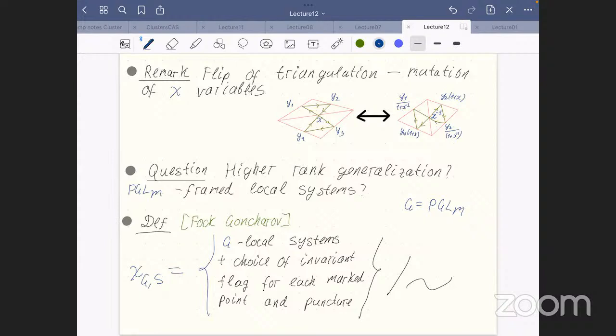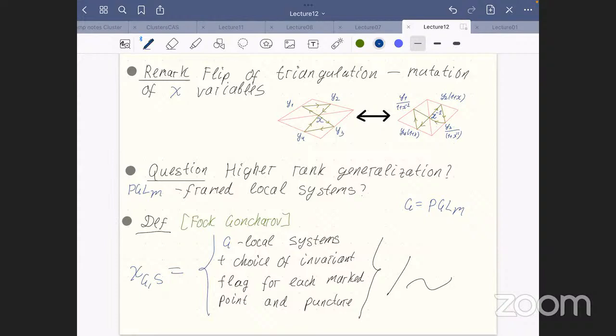Asymptotic data, you mean like for solutions of a linear differential equation? Yes. I mean that we have a connection, and here also we should probably have a connection up to some gauge. Here we live on the monodromy side.